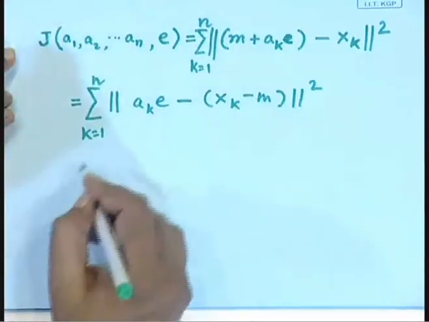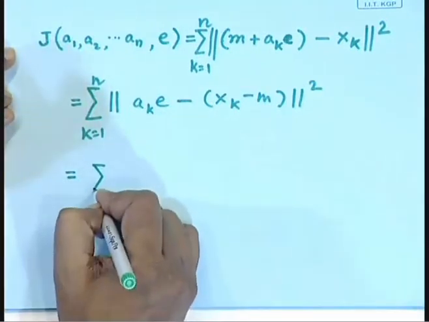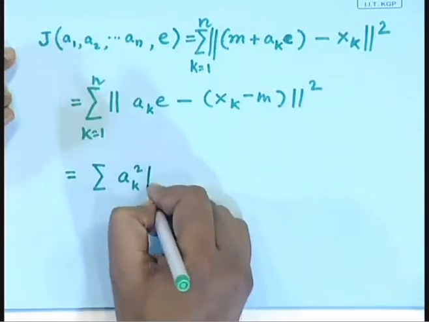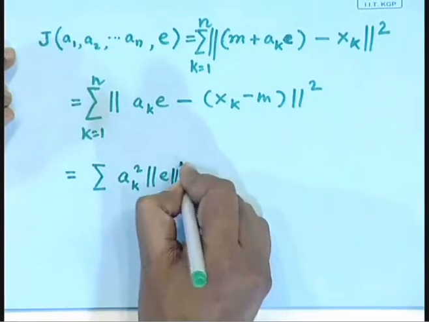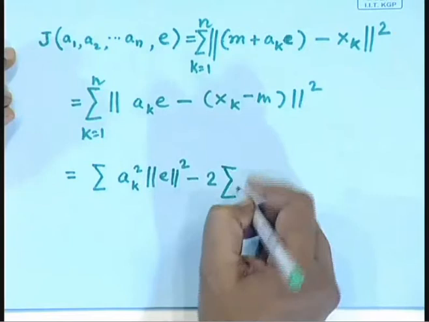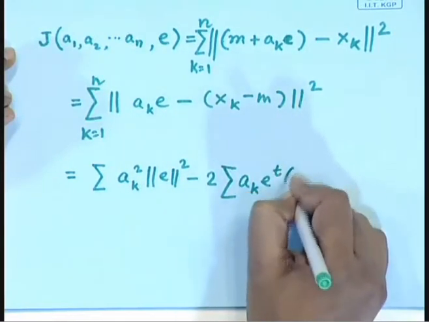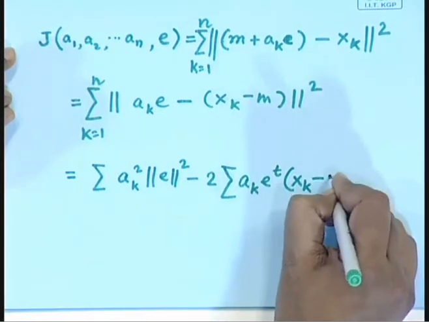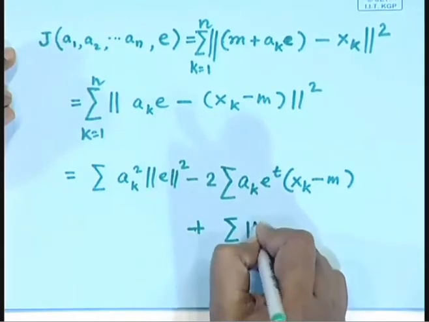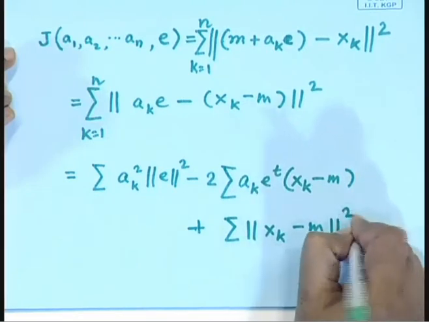If I expand this square, it simply becomes sum of a k square into mod of e square, minus 2 times summation a k e transpose into x k minus m, plus sum of x k minus m square.